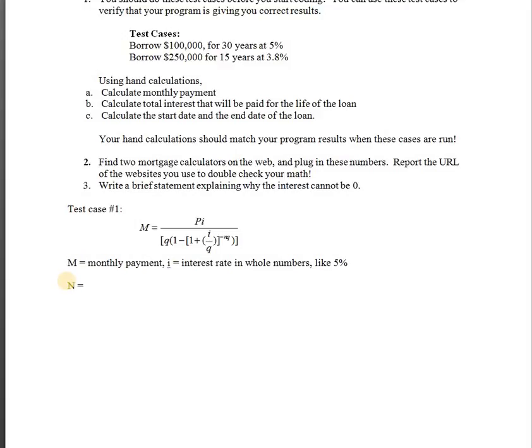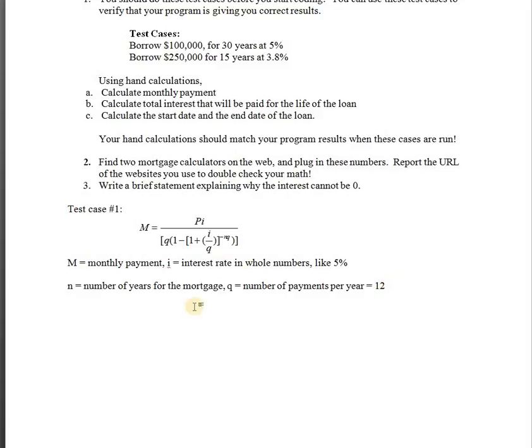N equals the number of years for the mortgage. And Q equals the number of payments per year, which equals 12. We're just going to use that default number.